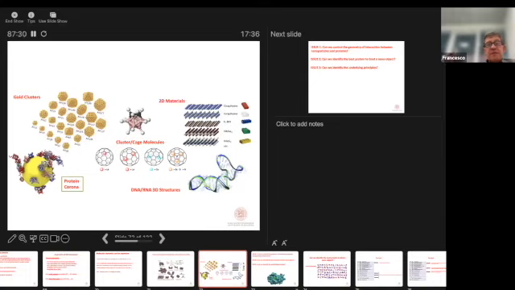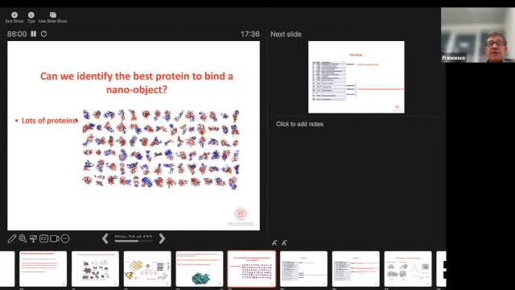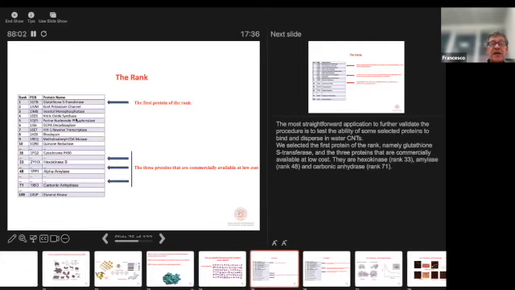Material scientists have been able to create zillions of nanoparticles, from fullerenes to gold nanoclusters to molybdenum disulfides to all sorts of different things. If we want to know which nanoparticle interacts the most with which proteins, we can use these methods. This is the typical thing that one can do. And then we can rank them.